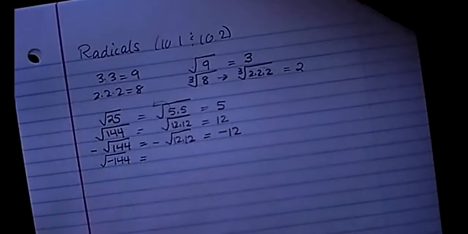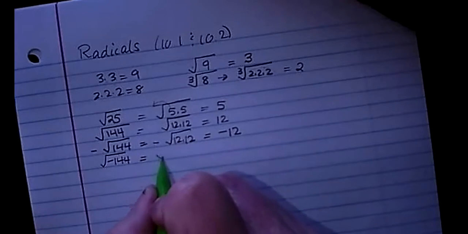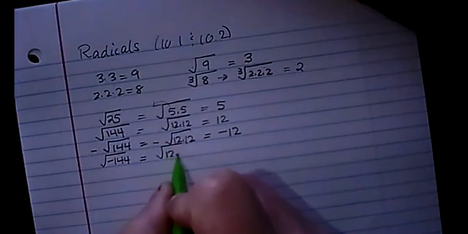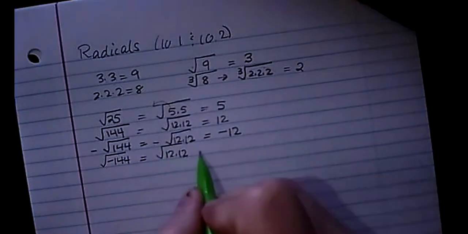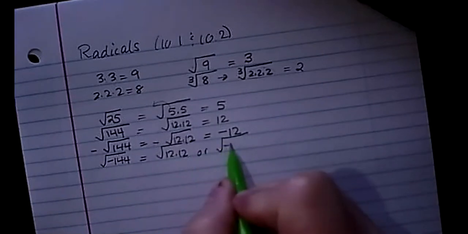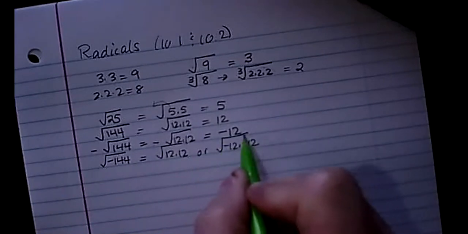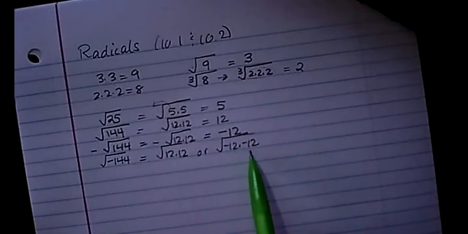Okay, so I want to think about that. What 2 numbers multiplied together equals a negative 144? Well, here I could say, all right, would it be 12 times 12? No. Or could it be a negative 12 times a negative 12? Well, a negative times a negative is positive. So both of these are going to give you a positive 144.